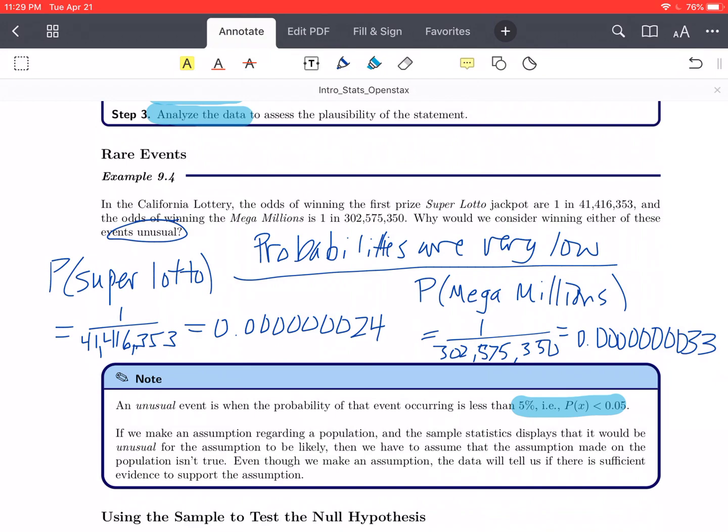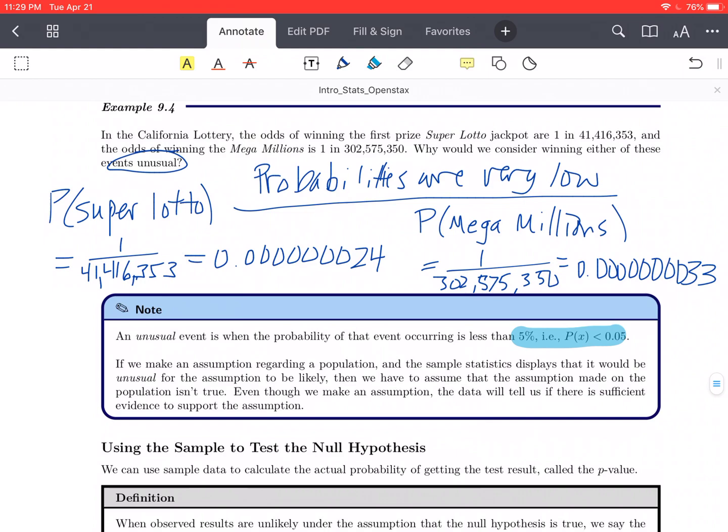And of course, there's some wiggle room there. It's not a hard line 5%, but anything certainly less than 5%. When you start getting more than 5%, then you start having a conversation about, well, it is possible. It's somewhat likely. It's not highly unusual that this event would occur. But 5% is generally our threshold.